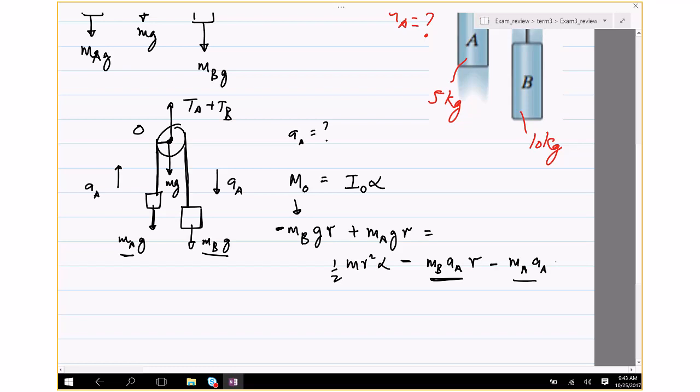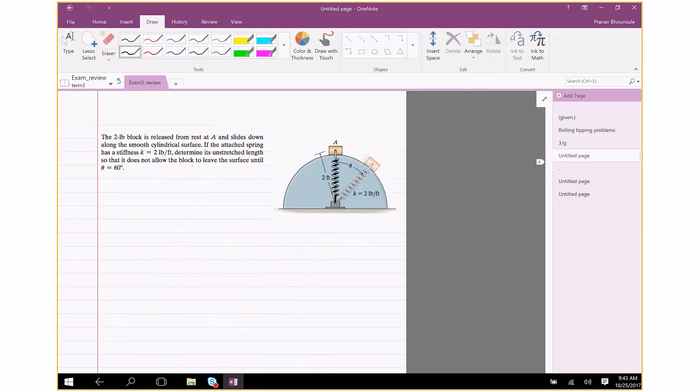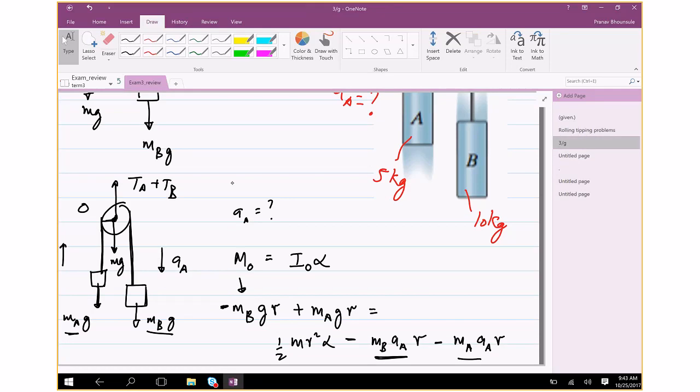You can think of them as moments, or you could also get it from the vector equation.